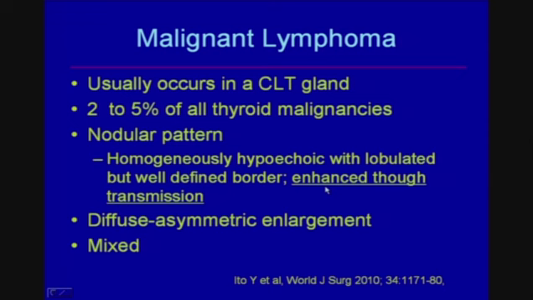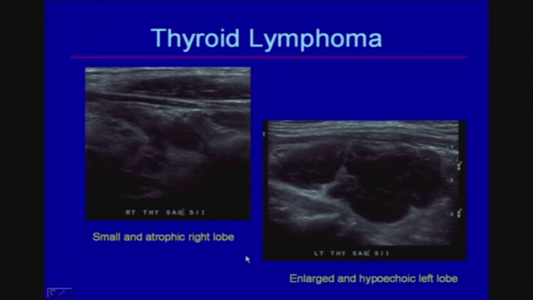So despite the fact that a patient has a very enlarged lobe, in the setting of Hashimoto's thyroiditis, one that you would expect to be very densely acoustically blocking the sound, if you see increased through transmission, you have to worry that instead of being lymphocytic infiltrate in the setting of Hashimoto's with fibrosis, now you have just a uniform cellular infiltrate and suspect lymphoma. Sometimes it's much more cryptic and it's just a very asymmetric enlargement of a particular lobe, or it can be a combination of a mixed pattern of these 2 presentations.